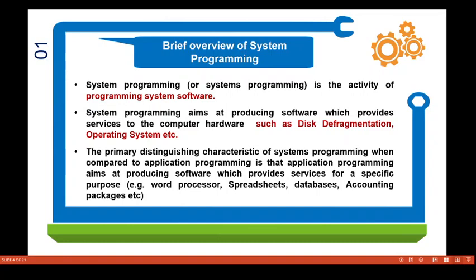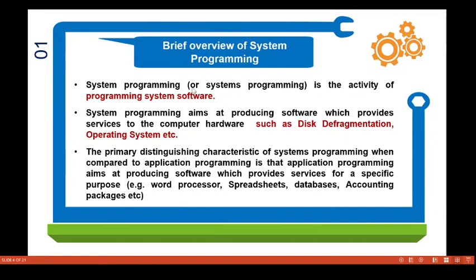There are two types of software: system software and application software. So let's begin to see the brief overview of system programming and see how we can compare system programming and application programming, or system software and application software, because today's video is solely for system software, which is system programming.